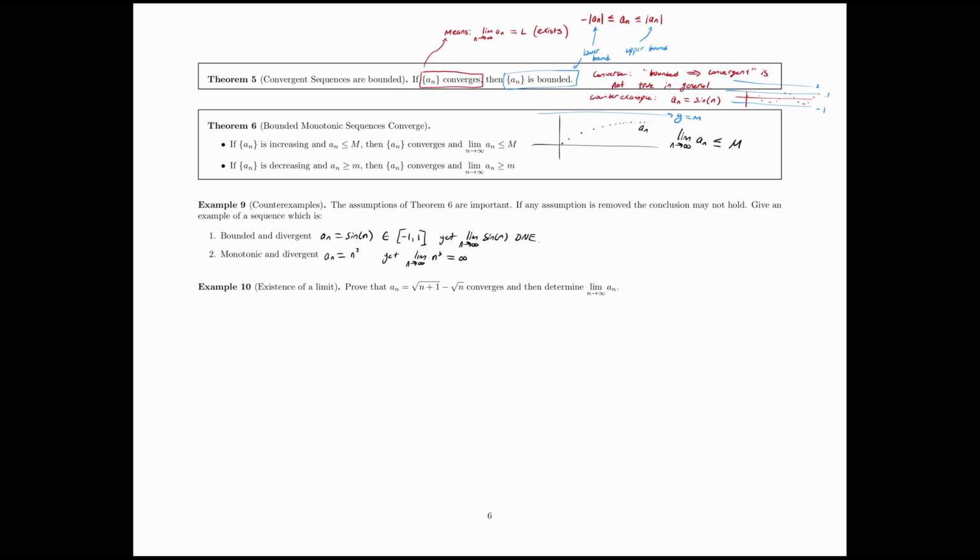Example 10, existence of a limit. Prove that a sub n equals the square root of n plus 1 minus the square root of n converges, then determine the limit of a sub n. So if we want to prove that this sequence converges, then we could go about it by using this theorem 6.